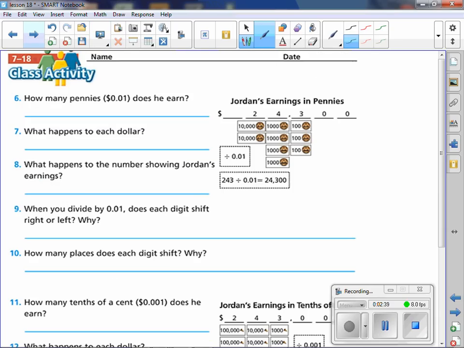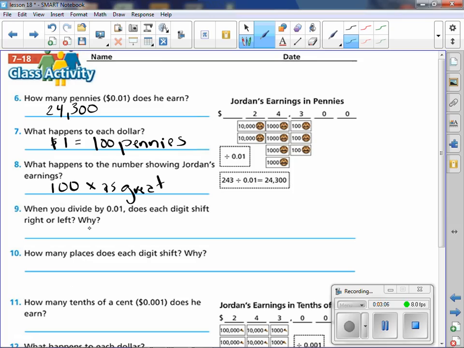All right, so how many pennies does he earn then? Well, he would earn 24,300. Each dollar becomes 100 pennies. So $1 equals 100 pennies. So the earnings become 100 times as great.